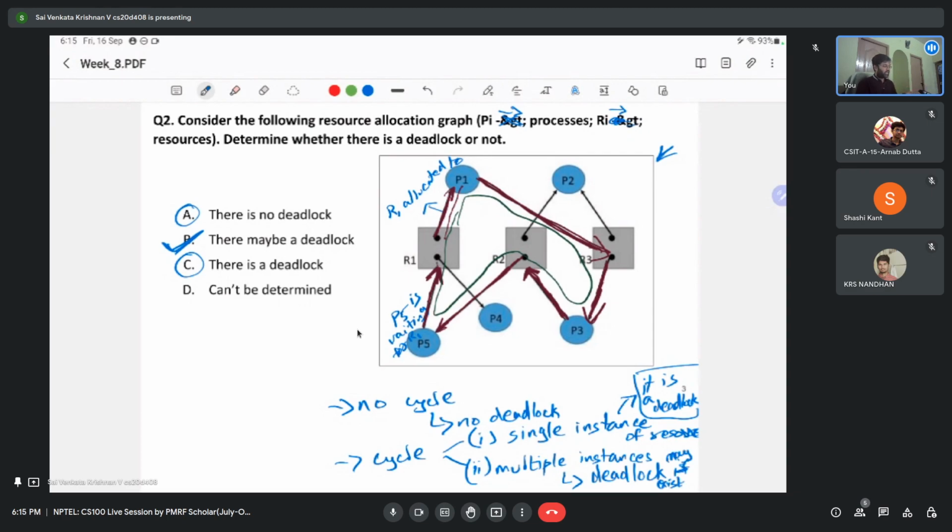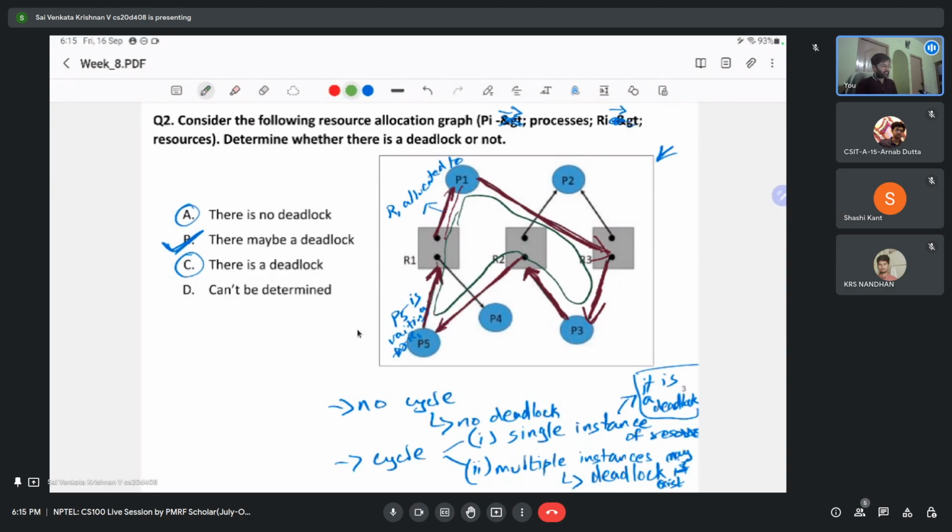I have found a cycle, but I should see whether the resources involved are single instance or multiple instances. They have multiple instances in this case. So deadlock might exist, but we cannot tell for sure. We need further evidence. So in this case, option B is the correct answer.